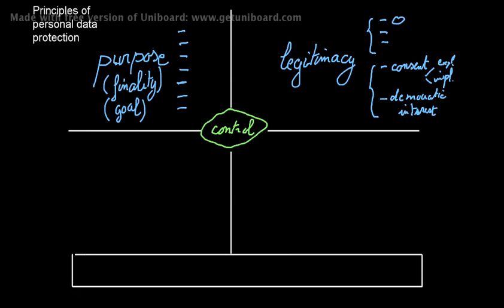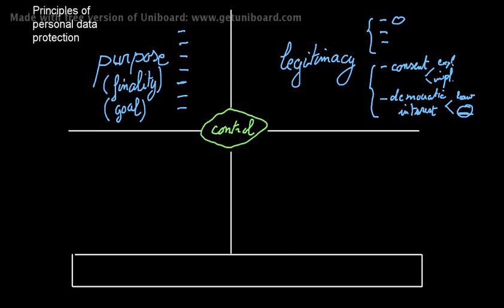And there you have interests that are specified in the law or in statutes, and otherwise there's a catch-all clause that says, well, if you have a legitimate interest and it doesn't invade privacy too much, go ahead.